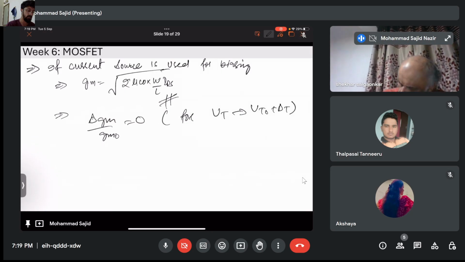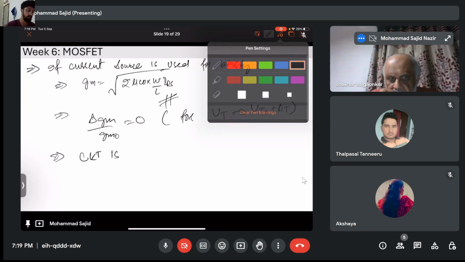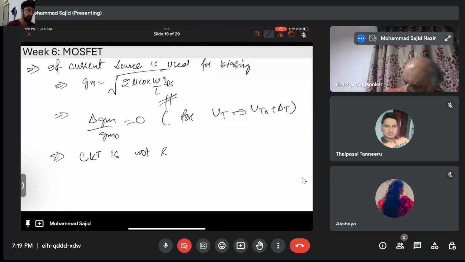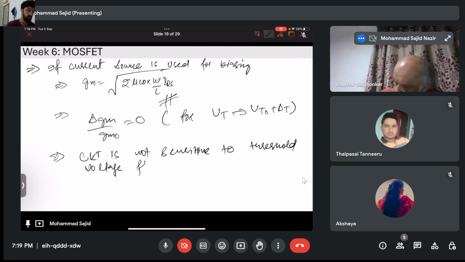Can you see that if we use a current source, our circuit is not sensitive to threshold voltage fluctuations.